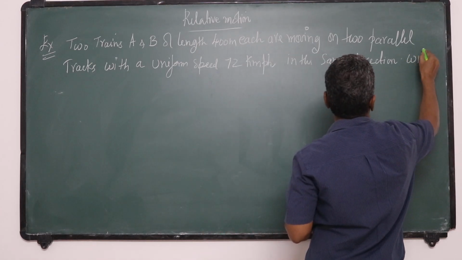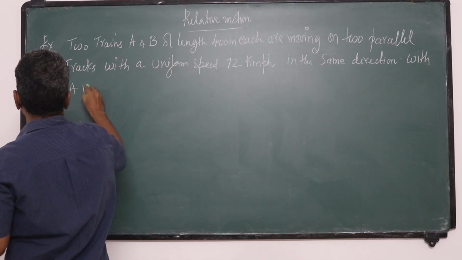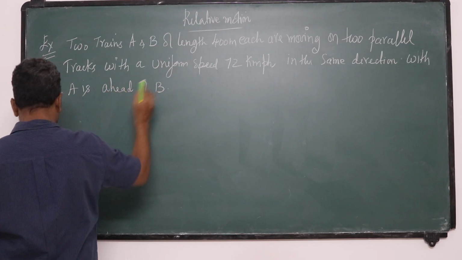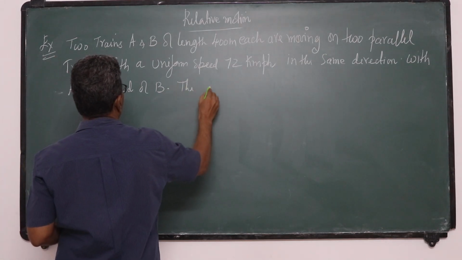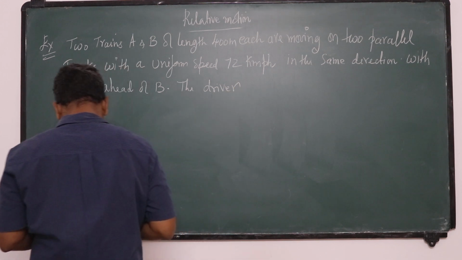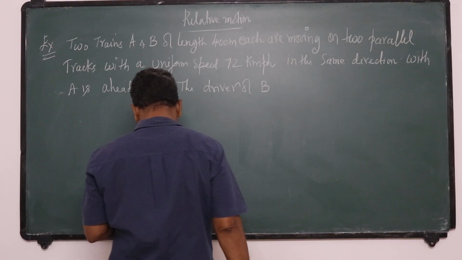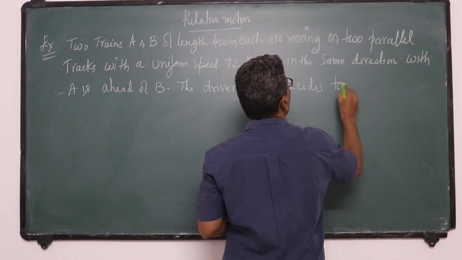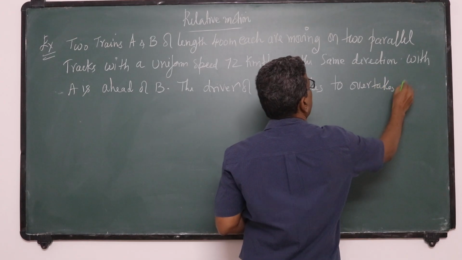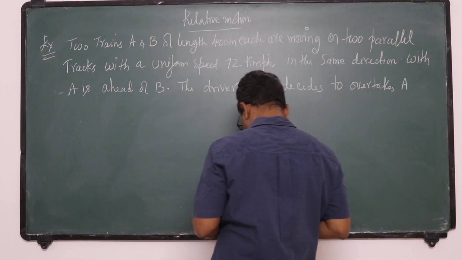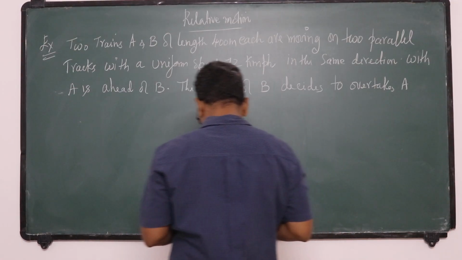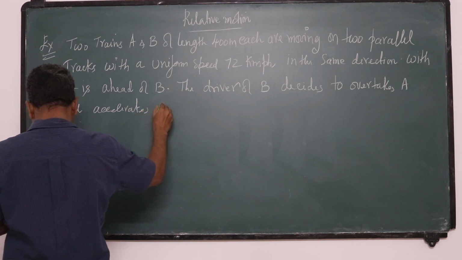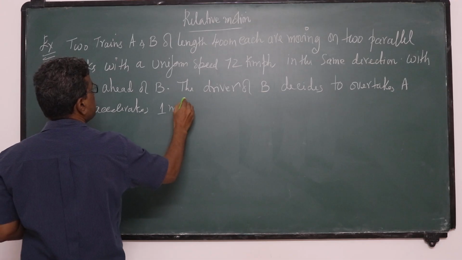A is ahead of B. The driver of B decides to overtake A and accelerates at 1 meter per second squared.